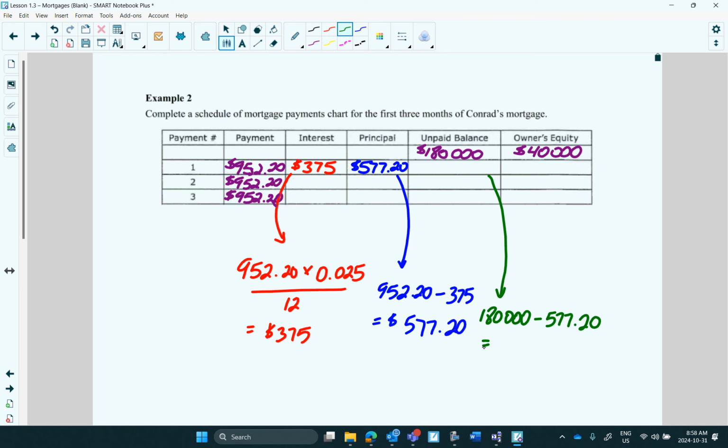And we get $179,422.80. So he's paid a little bit towards his principal.